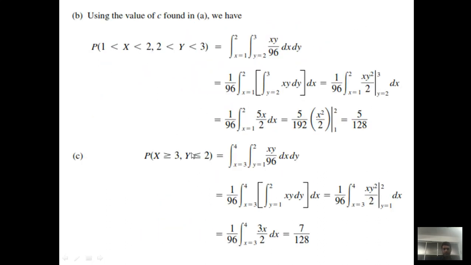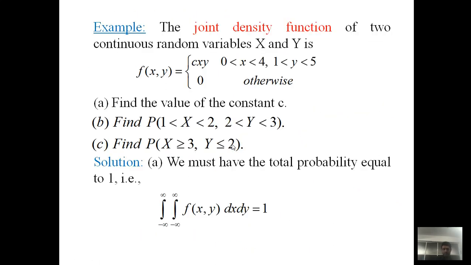So x greater than or equal to 3 is x only 3 to 4. We cannot take the upper limit as infinite because the density function is non-zero only up to 4. Similarly, y less than or equal to 2, but y is defined only in 1 to 5, so the boundary of y is just 1 to 2.